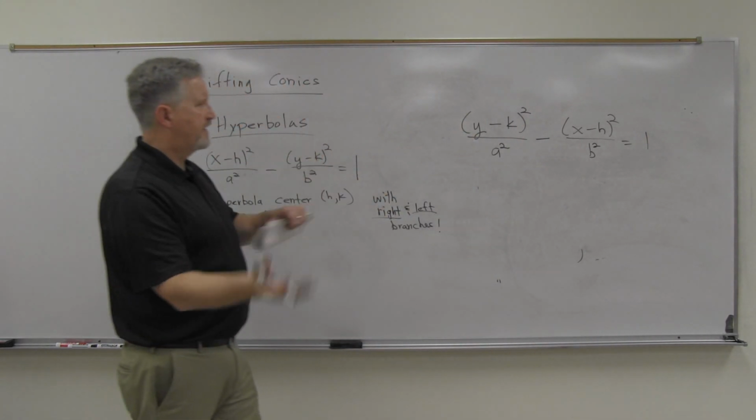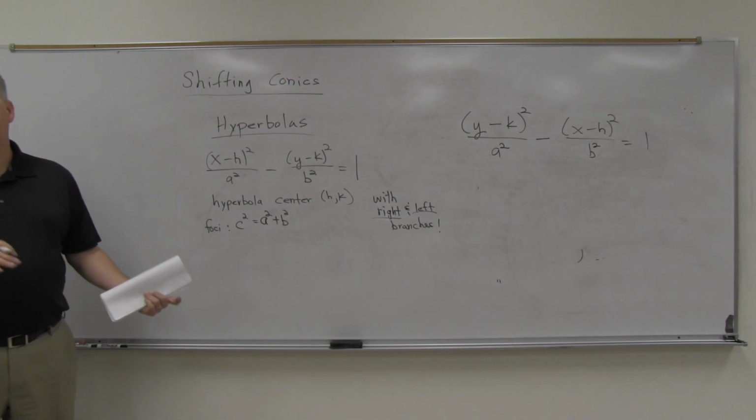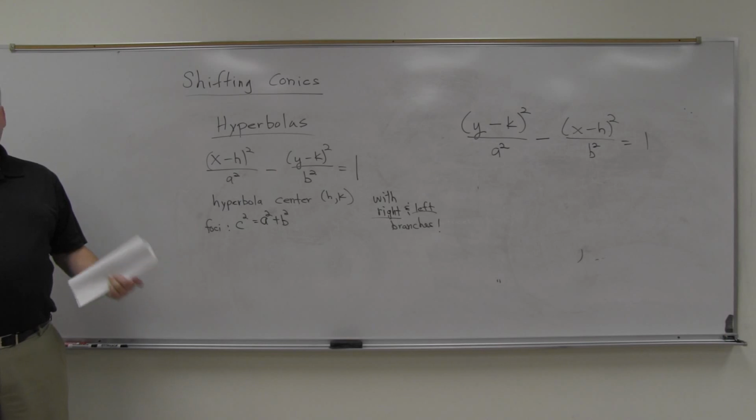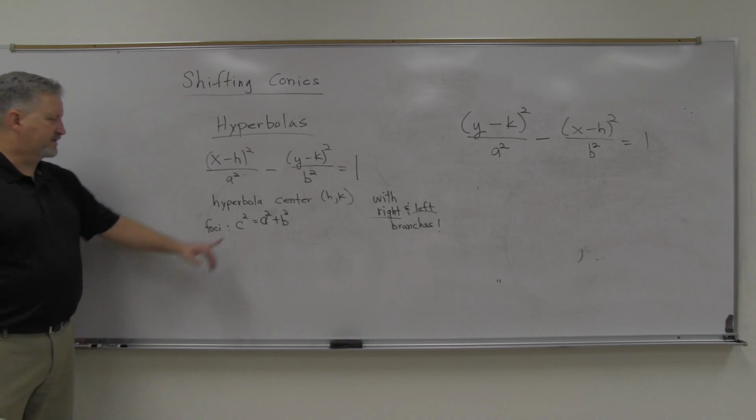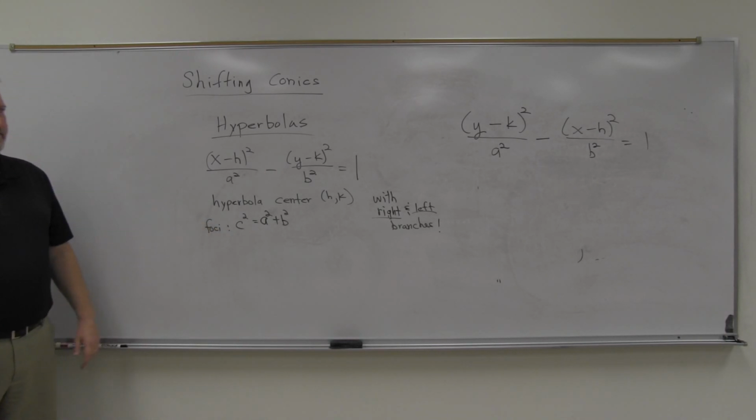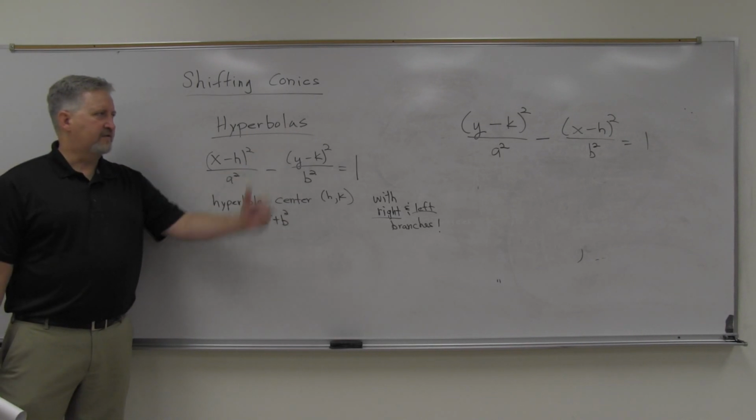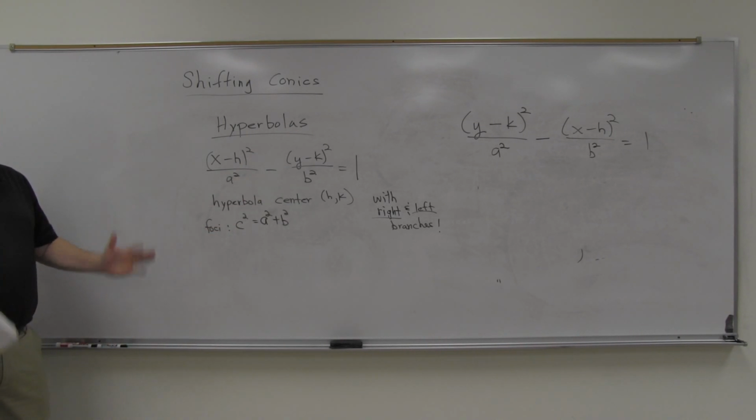And here, on the hyperbolas, the a squared and the b squared, it doesn't really matter which one you call which because of the formula for the foci. Basically, you're adding them anyway, so you don't have to really account for which one's bigger, but it all works out.